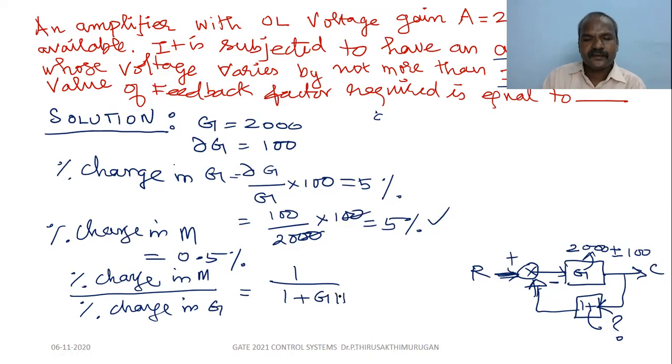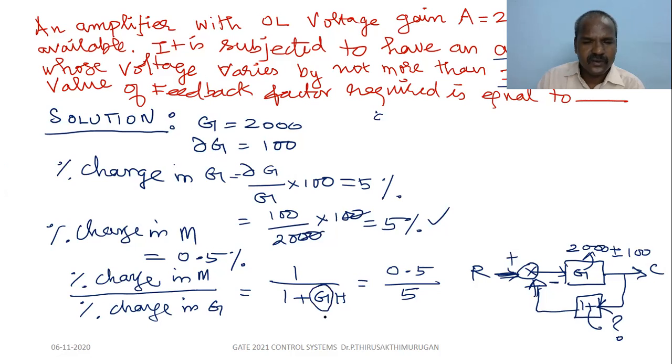Okay, this is equal to 0.5 divided by 5. The percentage change in M is 0.5 percent, divided by 5 percent. So 0.5 divided by 5 is equal to 1 by 1 plus GH; cross multiply and substitute the G value.